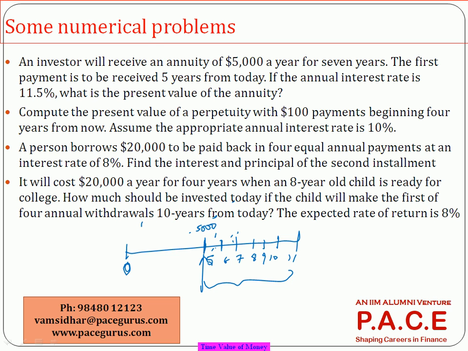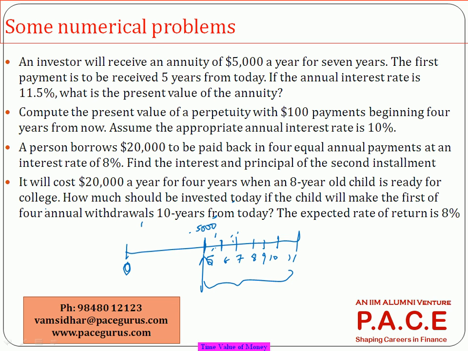You are getting your first payment 5 years from now. So in the timeline, let's say you have shifted to 5 years. When you are shifting to after 5 years, the first payment is coming on that day itself.